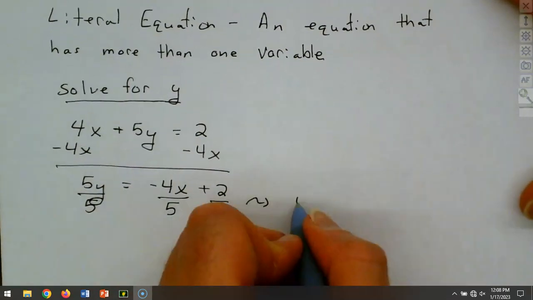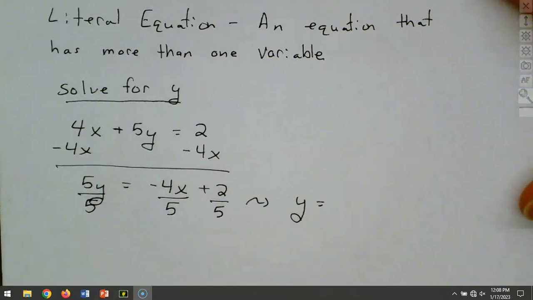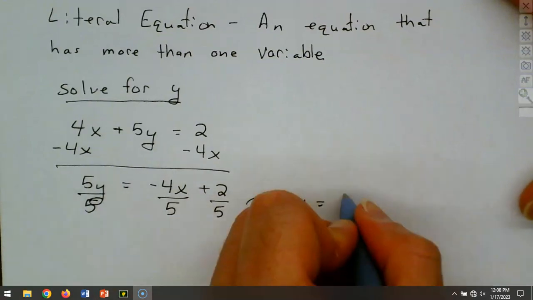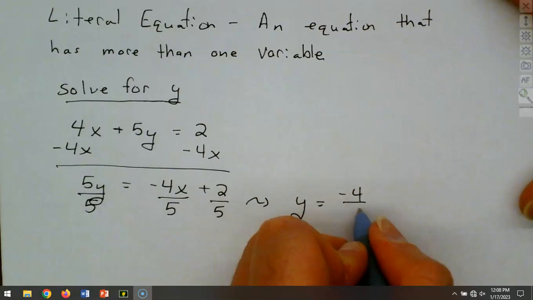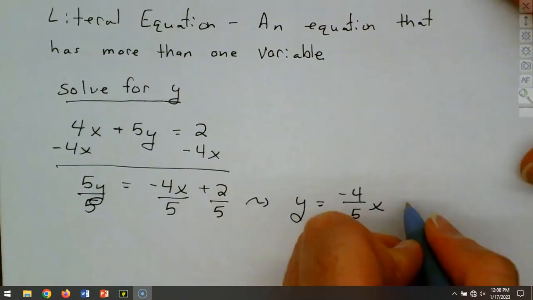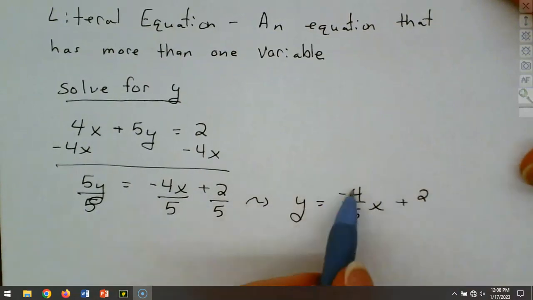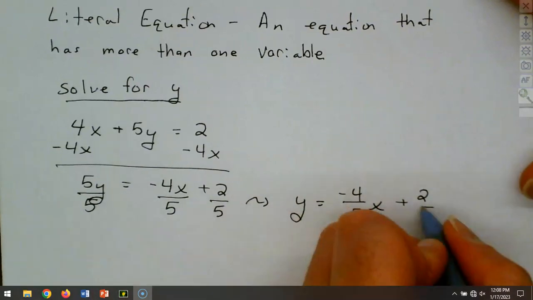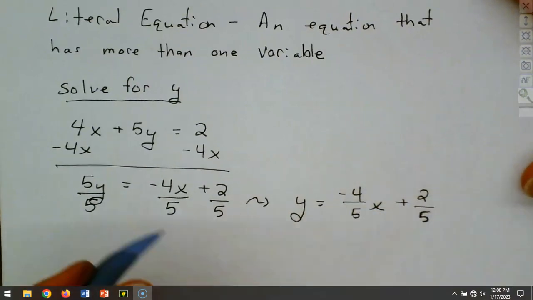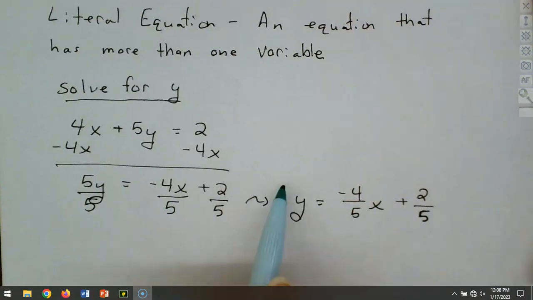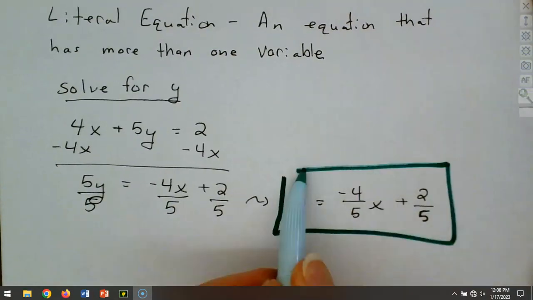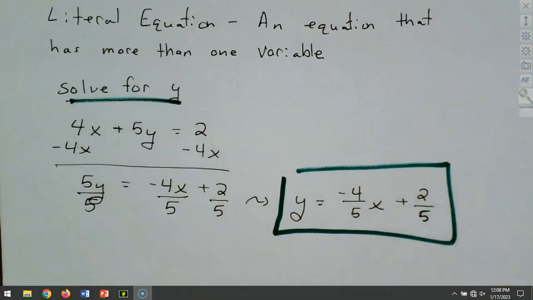This one's not going to reduce down, so now we just rewrite this as y equals minus 4/5 x, plus 2/5. So that's going to be your solution, and we went and solved this for the variable y. Okay. In chapter 2, you're going to learn that this is called slope-intercept form. Right? You've done it before. Let's do another one.